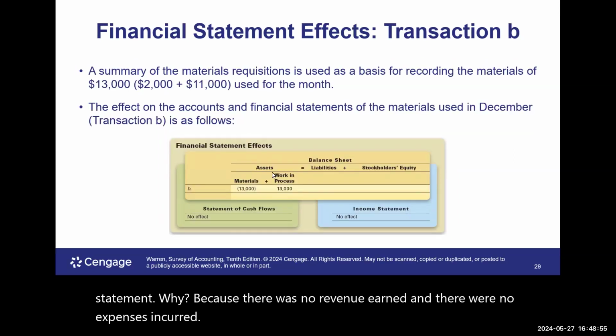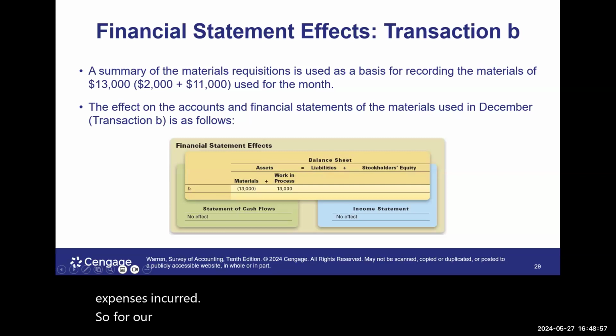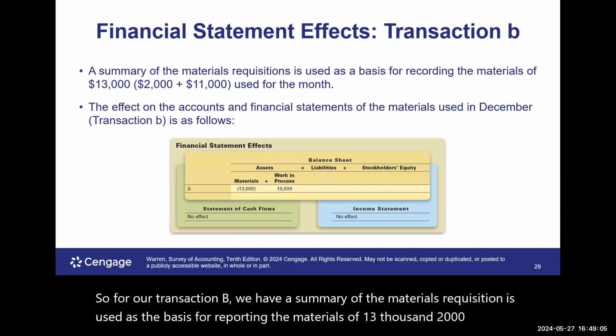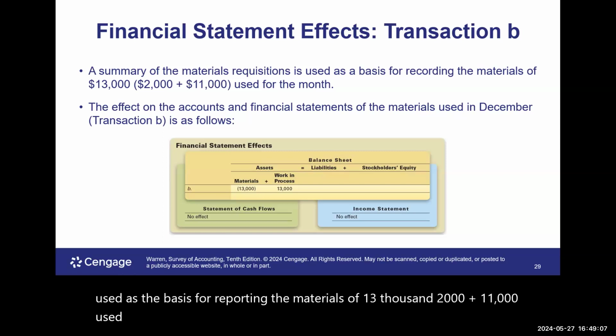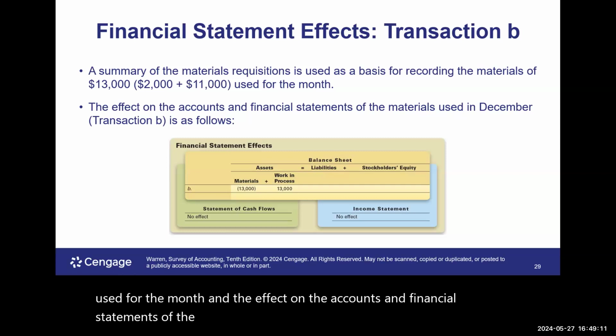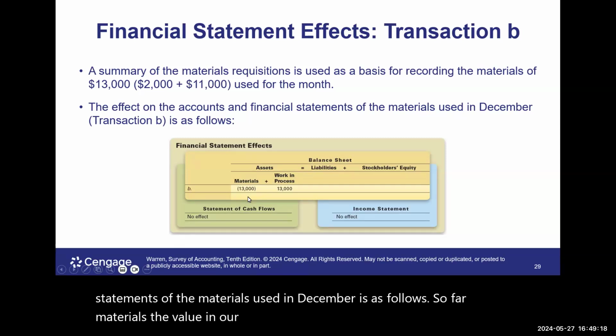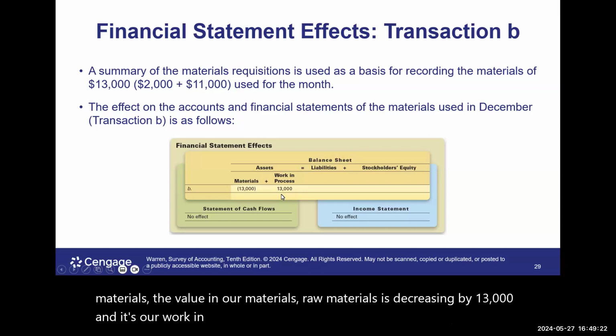For our transaction B, we have a summary of the materials requisitions used as the basis for reporting the materials of 13,000, 2,000 plus 11,000 used for the month, and the effect on the accounts and financial statements of the materials used in December is as follows. The value of our raw materials is decreasing by 13,000, and our work in process is increasing by 13,000.